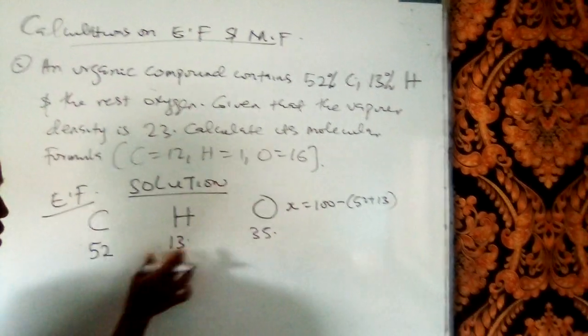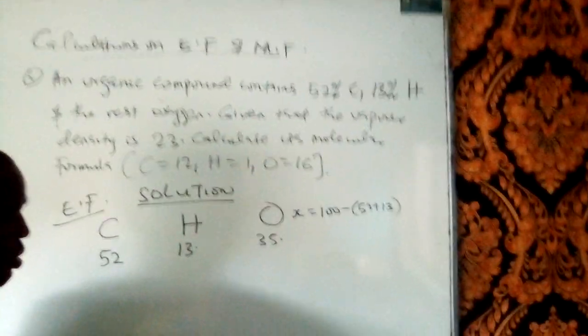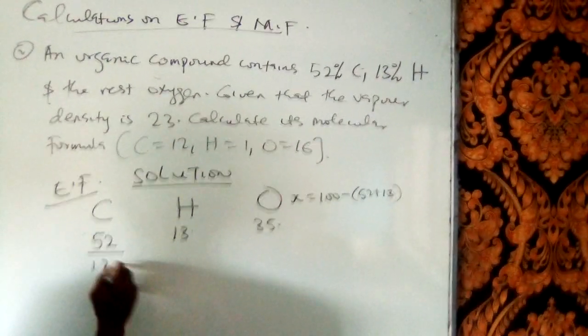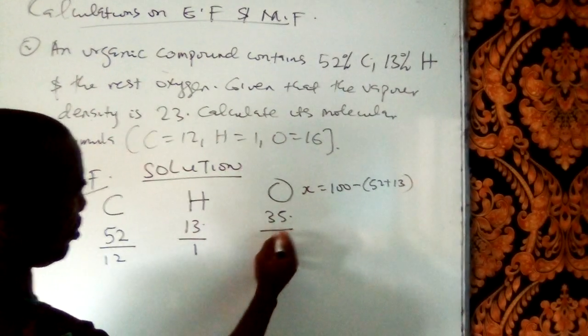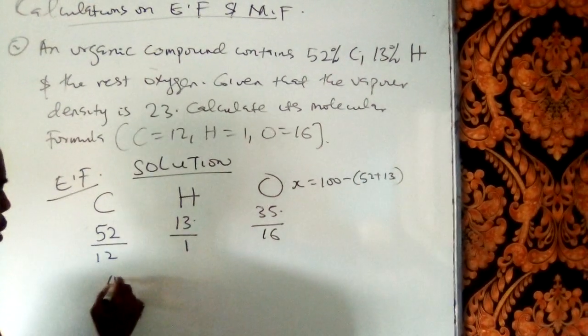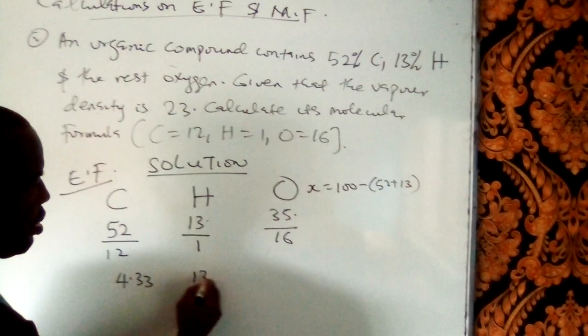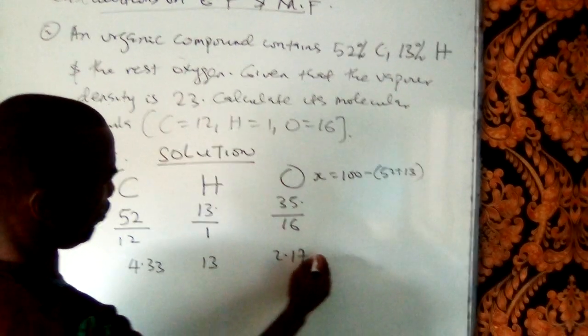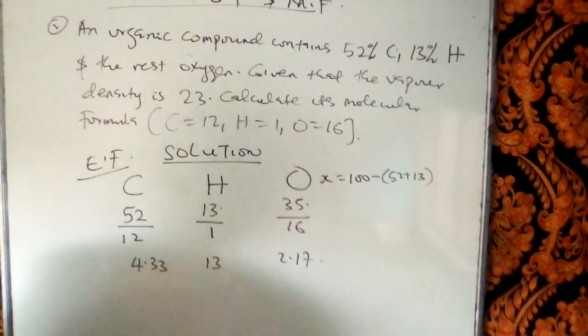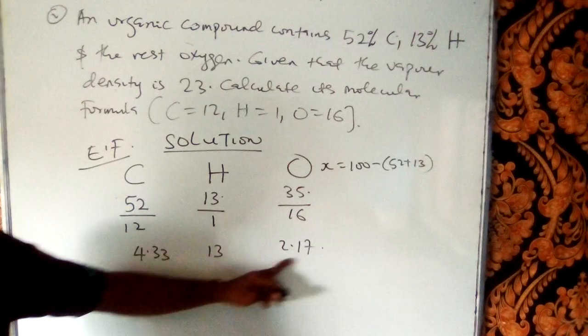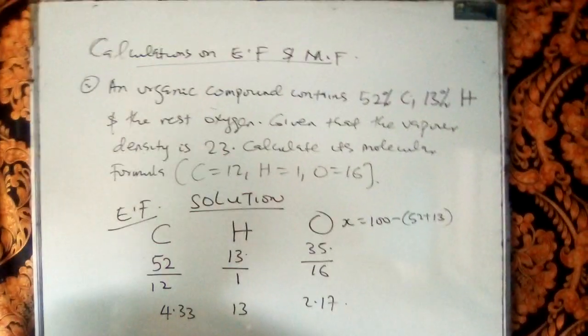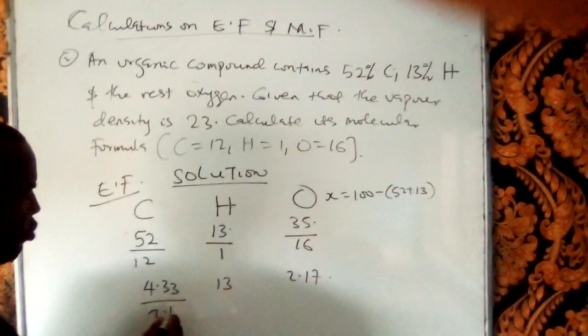The next step, as if you have been following the video, is you divide these percentages by the atomic masses. Now carbon is 12, hydrogen is 1, oxygen is 16. That gives you 4.33, 13, and 2.17. Then the next step is to divide these values by the smallest of them all. The smallest is 2.17. So divide each by 2.17.